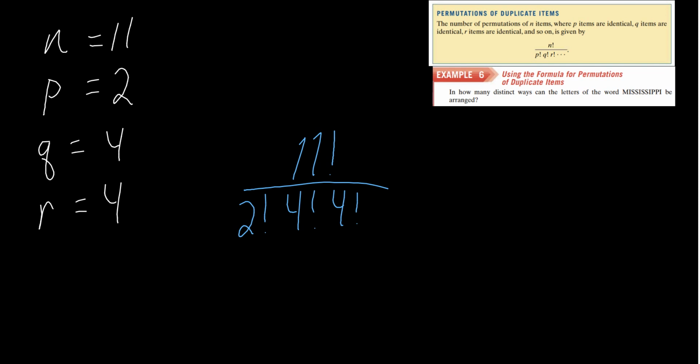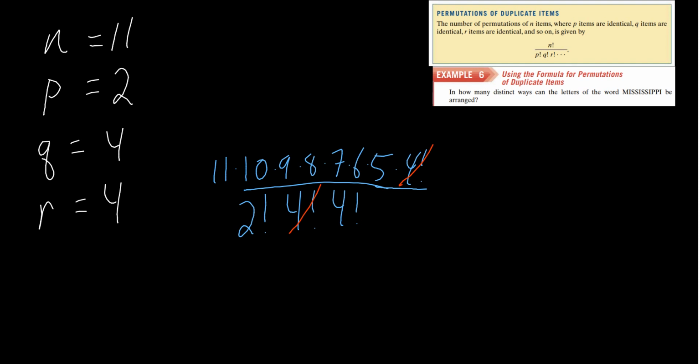So let's go ahead and rewrite 11 factorial, and let's just go all the way down to what looks like might just be 4, right? Because we're going to cancel it with a 4 factorial. So we're going to have 11 times 10 times 9 times 8 times 7 times 6 times 5 times 4, and then we'll put a factorial there. All right, and then that 4 factorial in the numerator can cancel with one of them in my denominator.